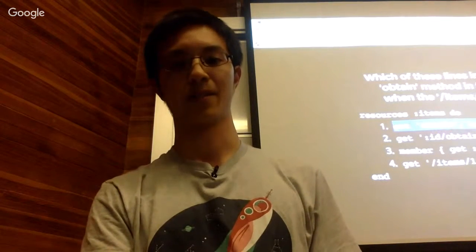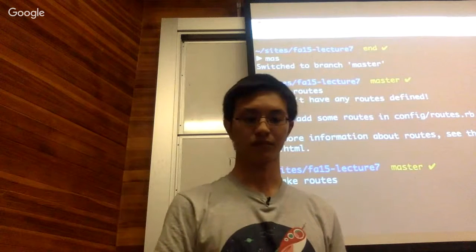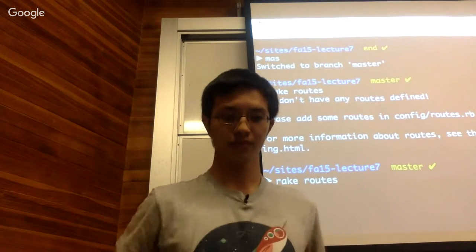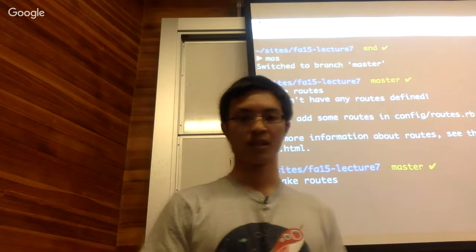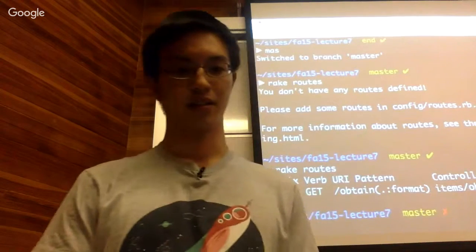Okay, so our first choice there was get obtain to item slash obtain. Let's see what happens when I add this to my routes. I'm going to save that and then rake routes.